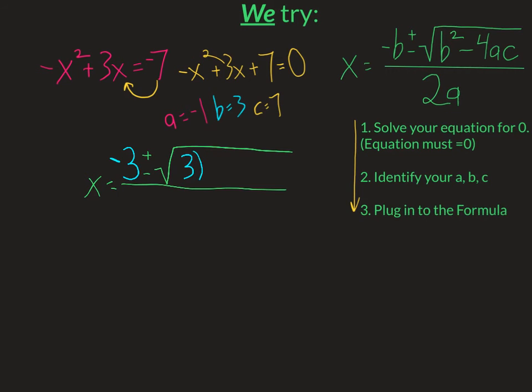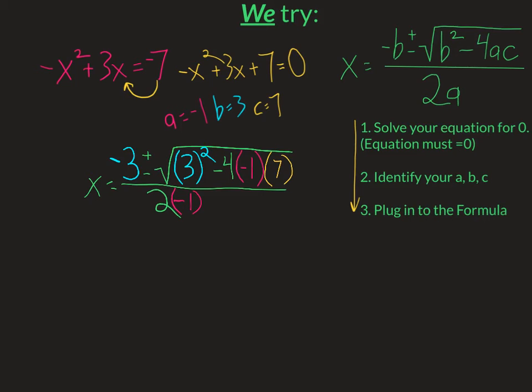And then it's just positive 3 squared inside. Minus 4AC, so minus 4 times the negative 1 times the 7, all over 2 times the A, which is just times that negative 1. All right, hopefully you got that ahead of me.